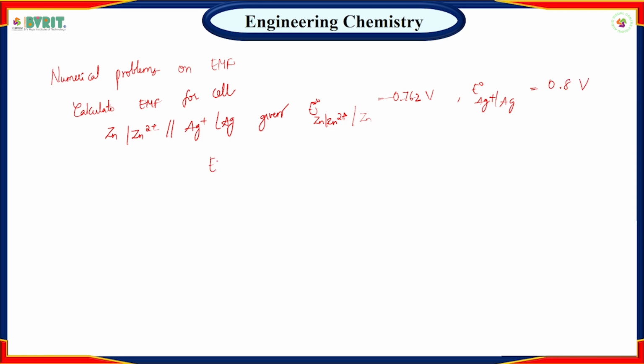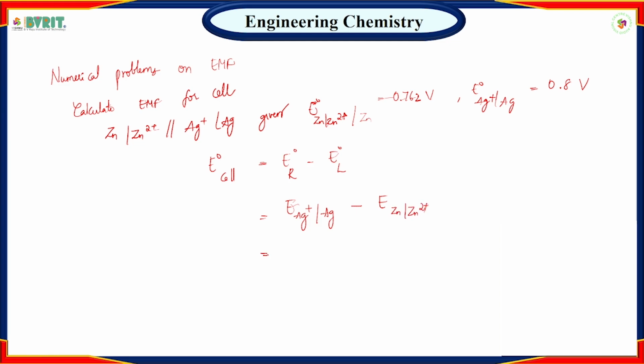We already know E naught cell equals E naught R minus E naught L. That is the right side, E of Ag+ | Ag, minus Zn | Zn2+.